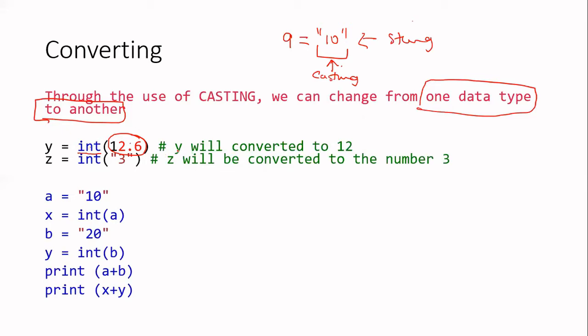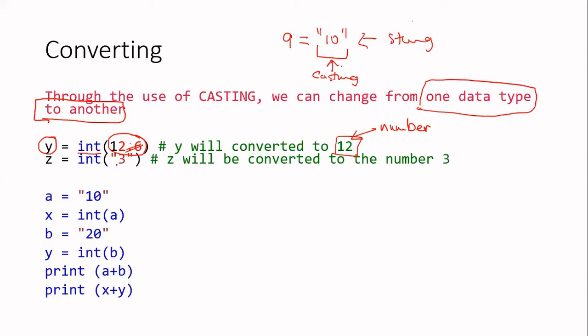So in this case, the y will be converted into an integer because 12.6 is a float. Integer means drop off the point. You don't want any points in an integer value. So making that into an integer will now convert it into 12, and that is now treated as a number, which means you can do calculations on this variable y.